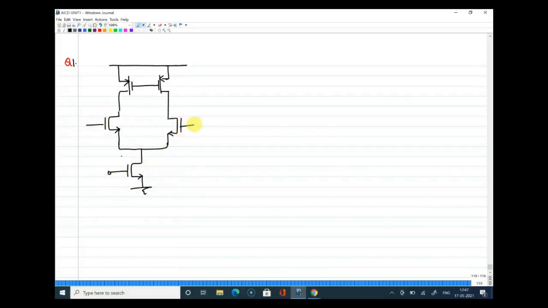For all the questions we are solving now, consider the input as differential. I am marking this as Vin1 and Vin2, but assume that both the inputs are anti-symmetric in nature.